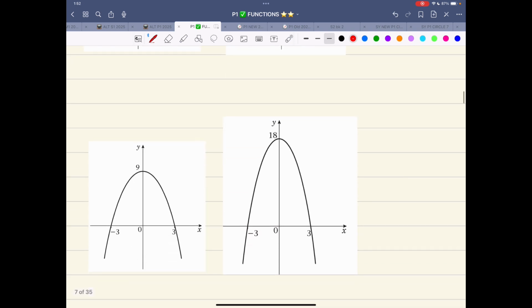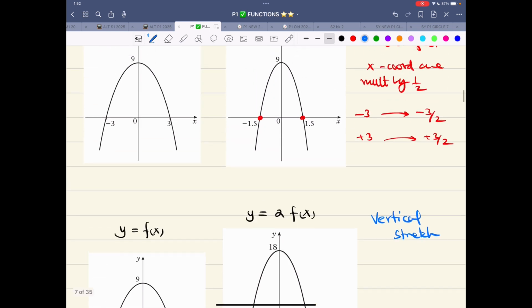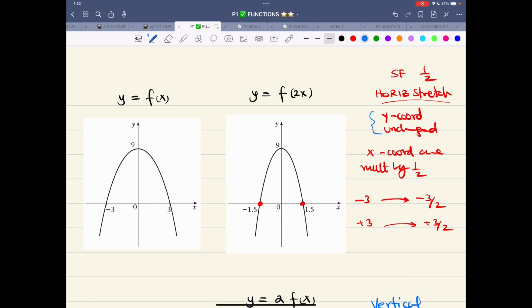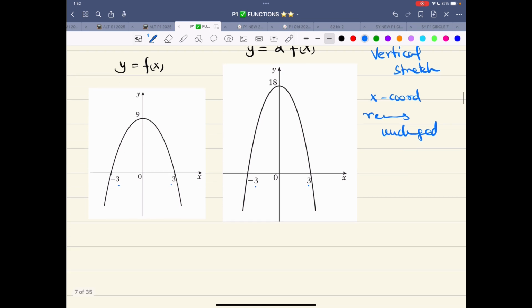Let me write the same thing for these two. What do you observe? This is y equals f(x). This is y equals 2 f(x). And now let me write, it's a vertical stretch. And if it's a vertical stretch, first of all, I should write which one remains unchanged. The x coordinate remains unchanged. Now, when the x coordinate remains unchanged, what changes?